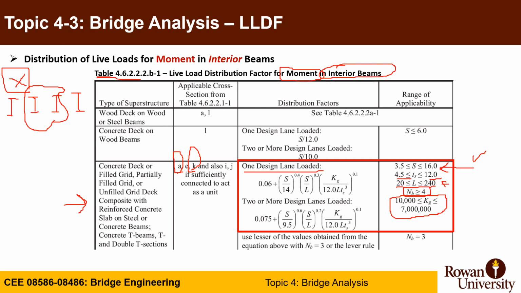You use this equation, which is 0.06 plus (S over 14) to the power of 0.4, times (S over L), S being spacing and L the span length, to the power of 0.3, times (Kg over 12 L t_s cubed) all to the power of 0.1.